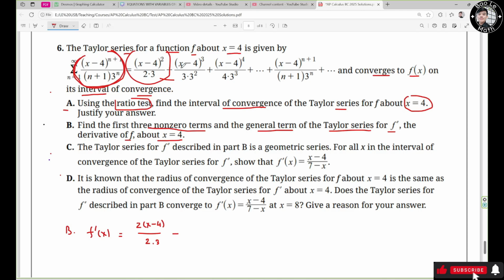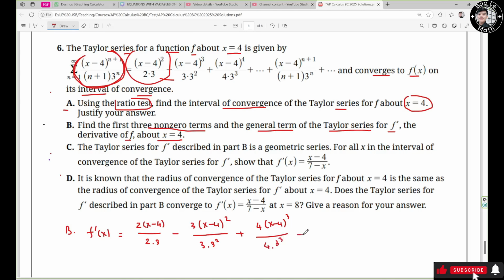Minus, bring 3 to the front, so 3 times (s minus 4), 3 minus 1 is going to be 2, over 3 times 3 squared, plus 4 times (s minus 4) to the power of 3 over 4 times 3 cubed.